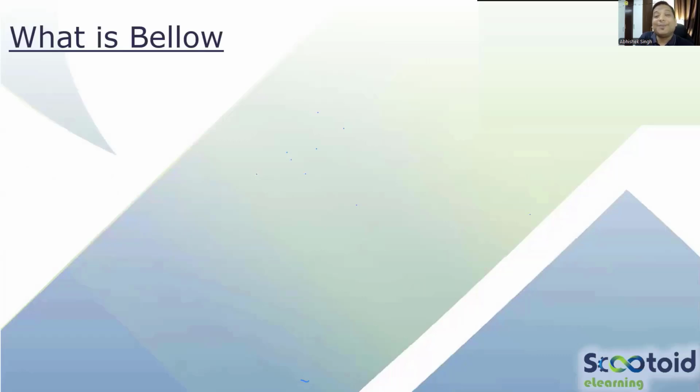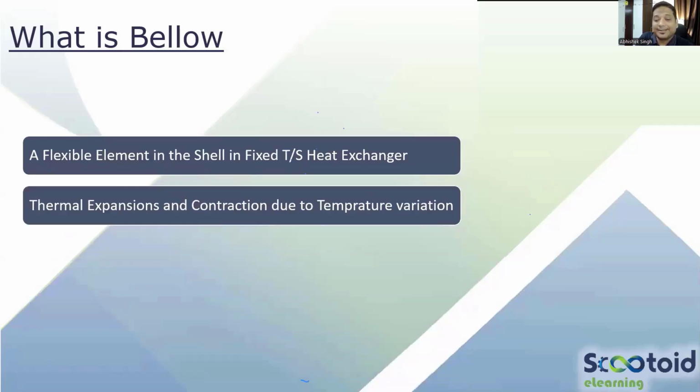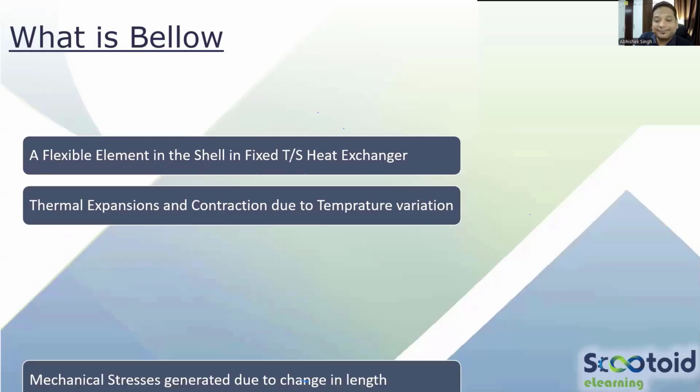Okay. So if bellows are required, then what are the different types? What are the options which we have for bellows? Thick bellows, thin bellows. Okay, so let us have a little bit of introduction about bellows, what exactly they are. As we shared earlier, they are the flexible elements to take care of the thermal expansion.